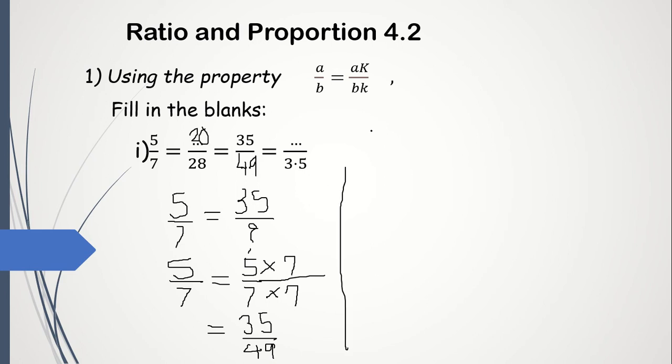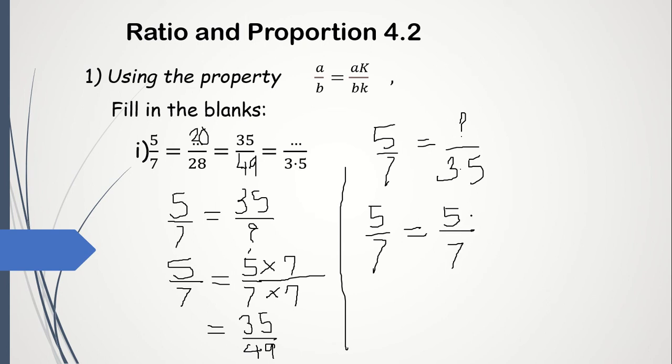And the next one is 5 upon 7 is equal to a blank upon 3.5. Same way we have to do 5 upon 7, and here also I will write 5 upon 7 into the multiple k that we have to find.